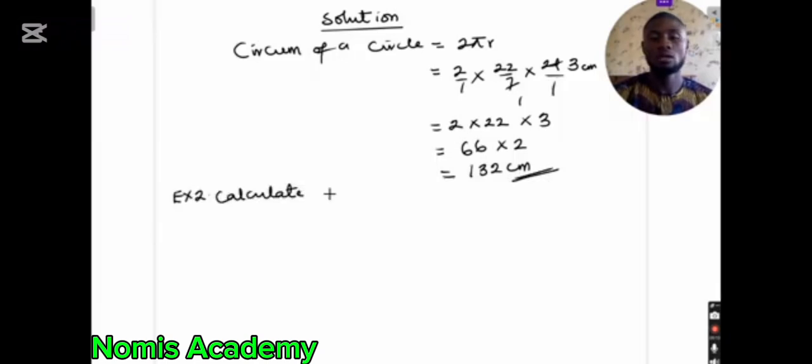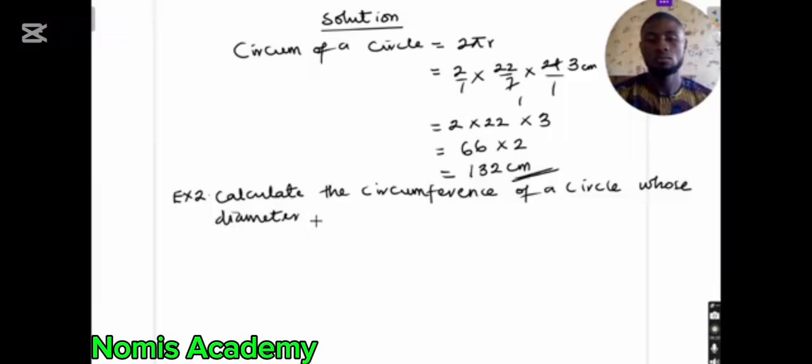Calculate the circumference of a circle whose diameter is 14 centimeter.